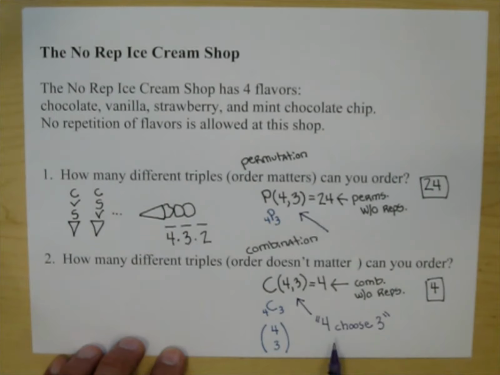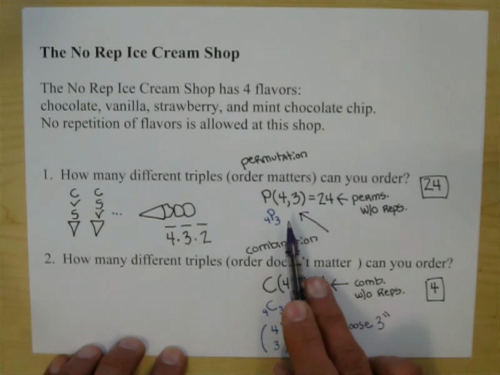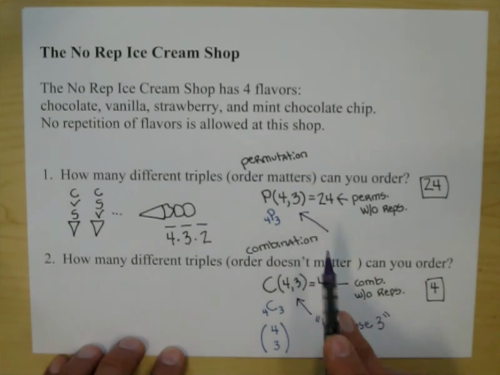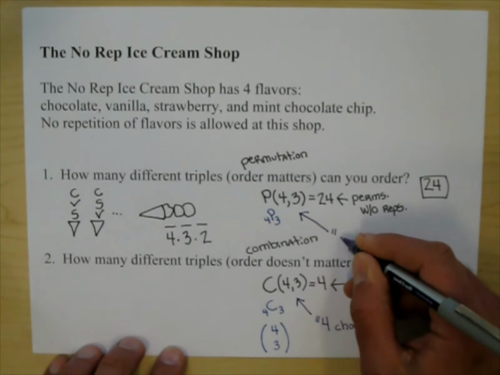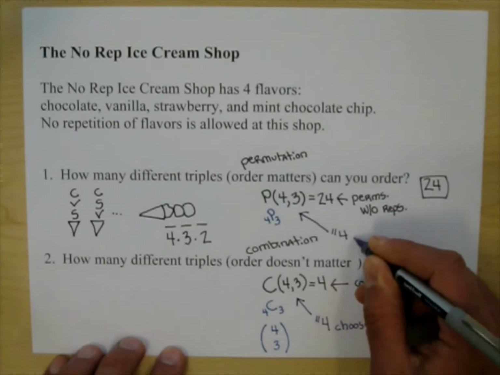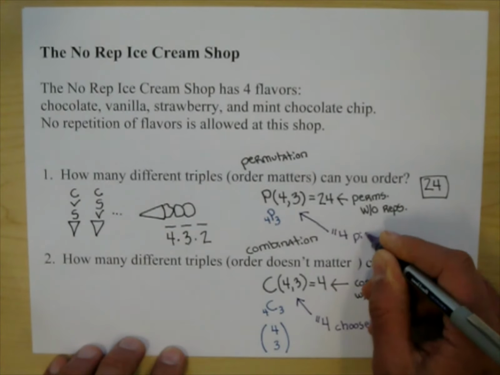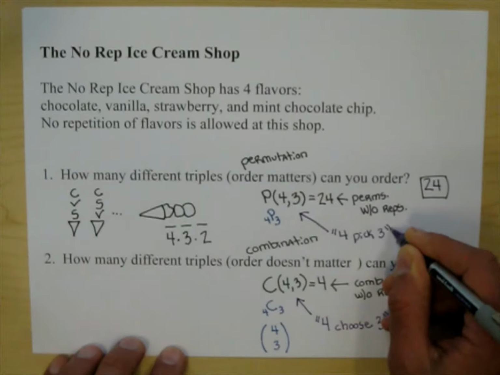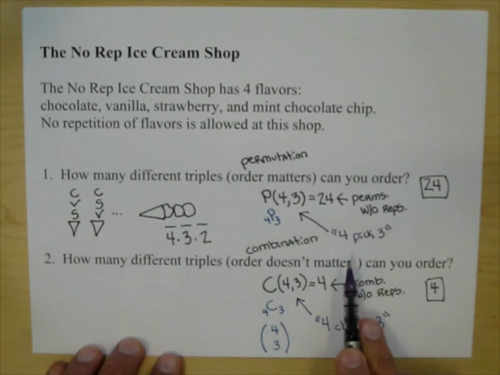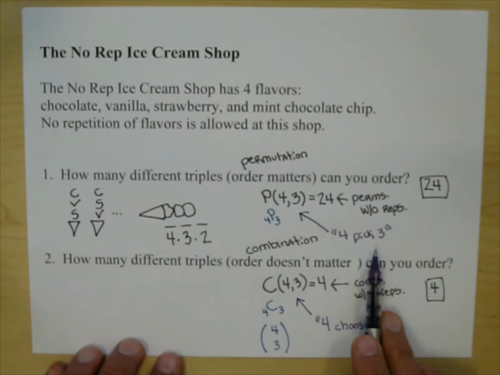So for this class, because I'm going to be saying these quite often, I'm going to use the word pick for 4 pick 3. Outside of this class, if you say 4 pick 3 to somebody else who knows math, they will not know what you're talking about.